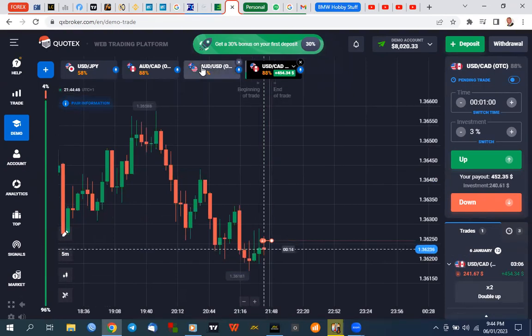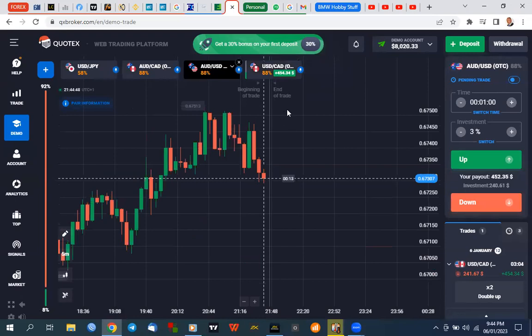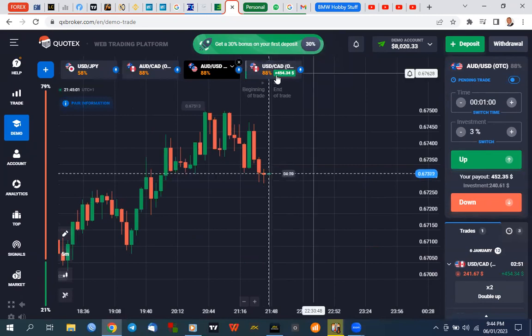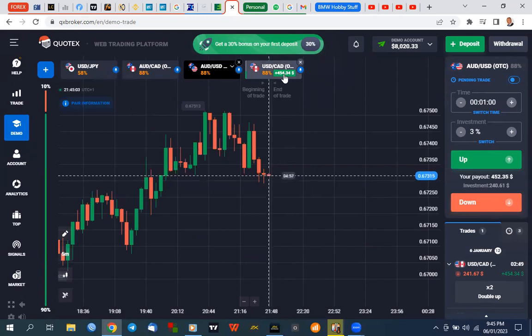When you are looking at a different currency, the end of trade shown on the screen is for the current currency you are looking at. This is showing you how long is left on that currency, and if you are still in profit or not. It is information they are making available to you for those who require it.